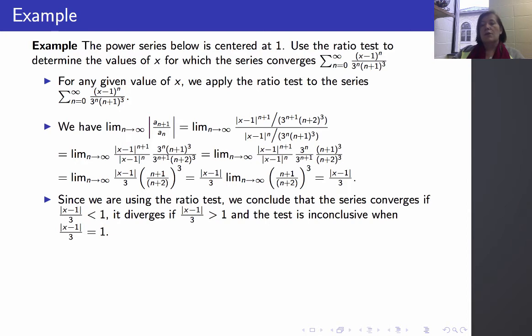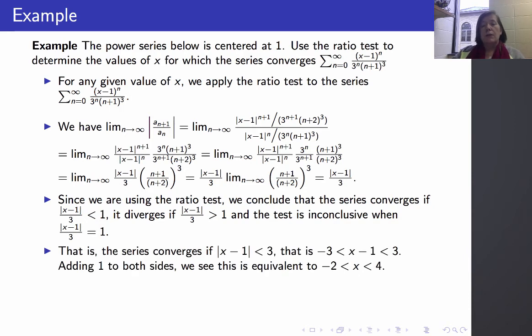Remember that the ratio test says that my series converges if this limit, the absolute value of (x minus 1) over 3, is less than 1, and it diverges if it is greater than 1, and I have no conclusion if it equals 1.